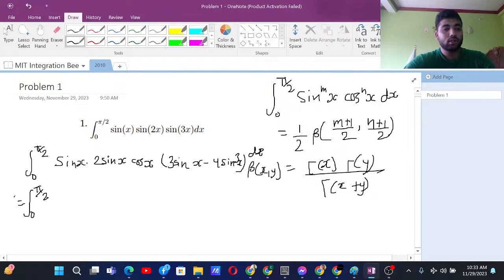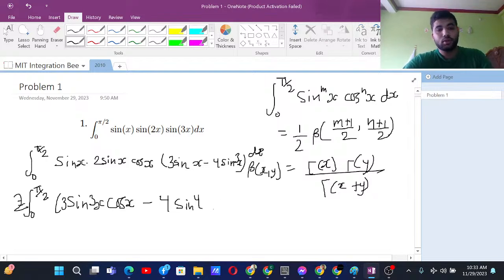We can take 2 out as common, and over here we will have sine cube x cos x minus 3 sine cube x cos x minus 4 sine to the power 5 x, and then cos x dx. Integrating this is easier since we have the integral in this form.